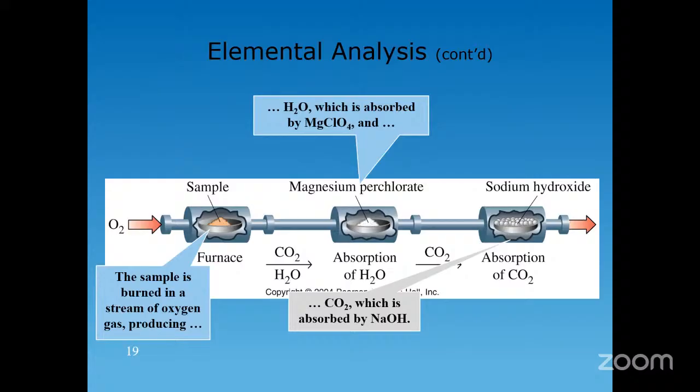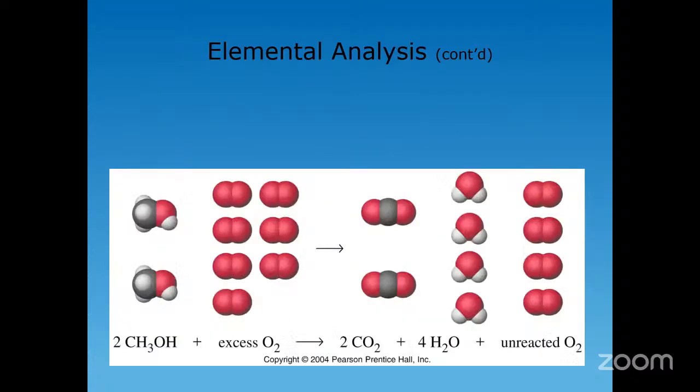Now, the next slide is basically, oh, sorry, I thought there was another slide here, but let me just go through this quickly. This is looking at this type of analysis at the molecular level. What we have here is methanol, which is the organic compound. You expose it to heat and an excess of oxygen, and the methanol will be converted to carbon dioxide and water, but you still have some more oxygen present.